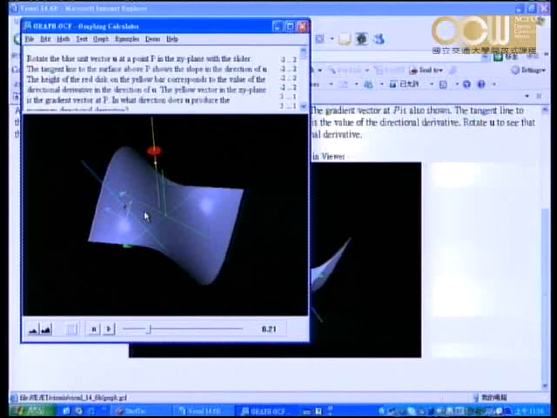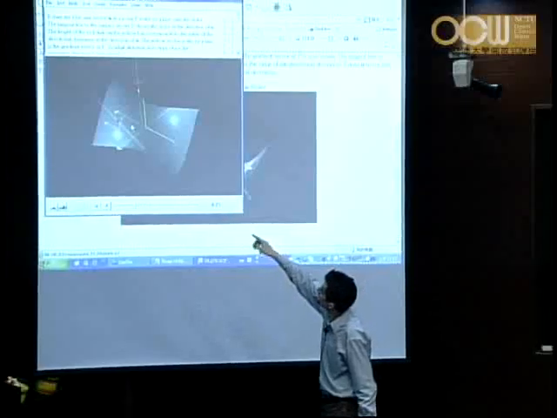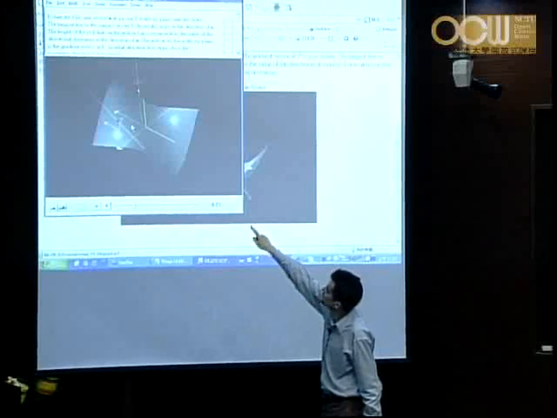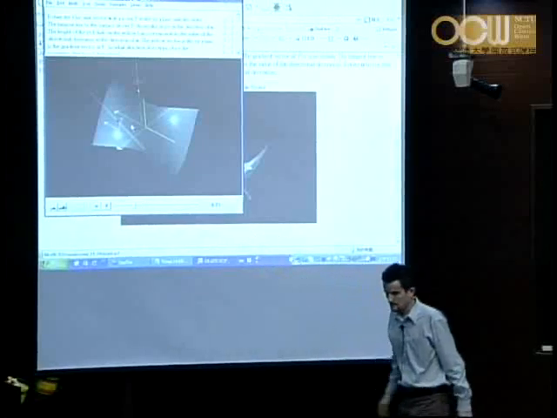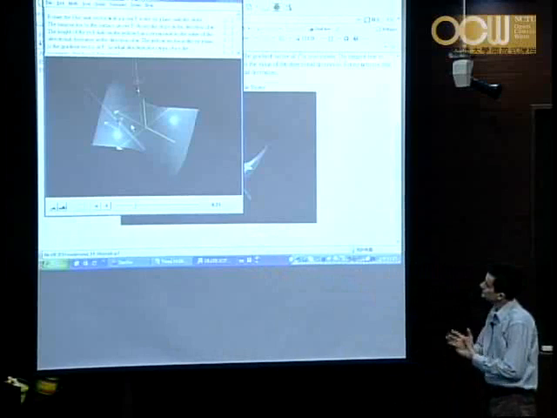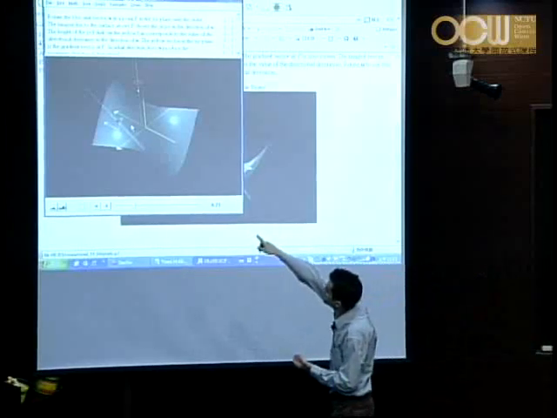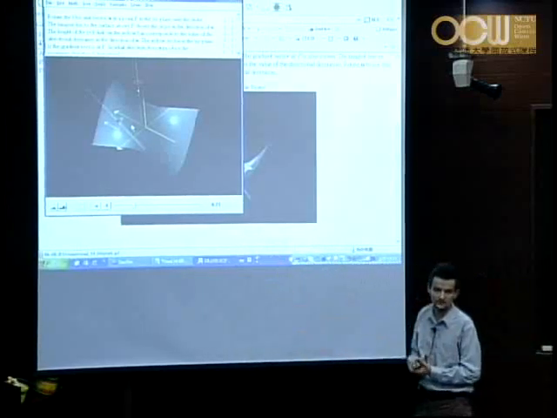So you have to look at this vector in the xy plane. The blue vector gives you the direction in which you are looking, and for this direction you also see, in blue, the tangent at this point in this direction.